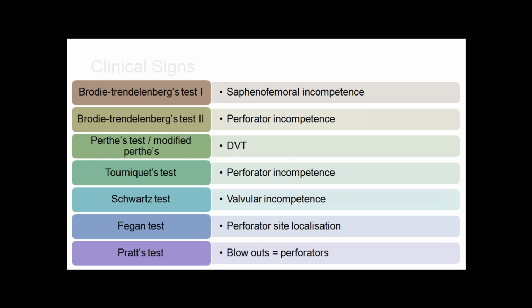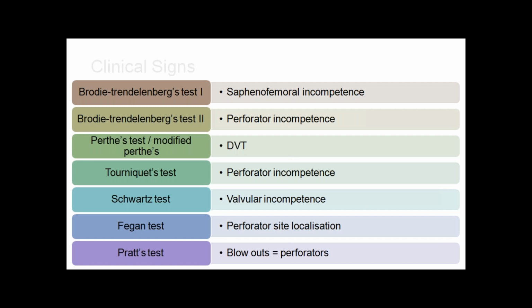The multiple tourniquet test uses tourniquets at the saphenofemoral junction, between the knee joint and the saphenofemoral junction, and three just below the knee: 5 centimeters, 10 centimeters, and 15 centimeters from the knee joint. We will ask the patient to lie down.